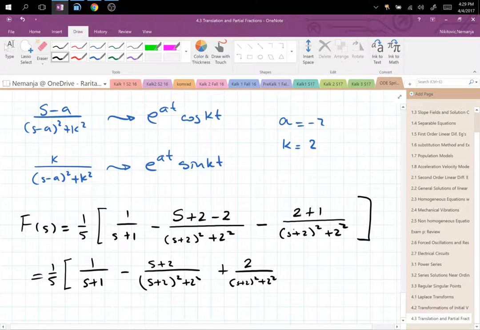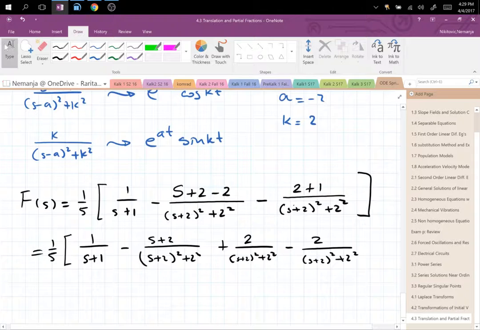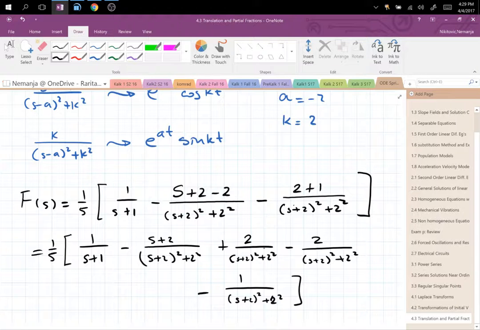And now I have minus 2 over s plus 2 squared plus 2 squared, and finally negative and positive make a negative. So minus 1 over s plus 2 squared plus 2 squared. Now I hope you see that these two guys, I wrote them one under the other, they add together, right? Actually, wait, no, these cancel. Do they?